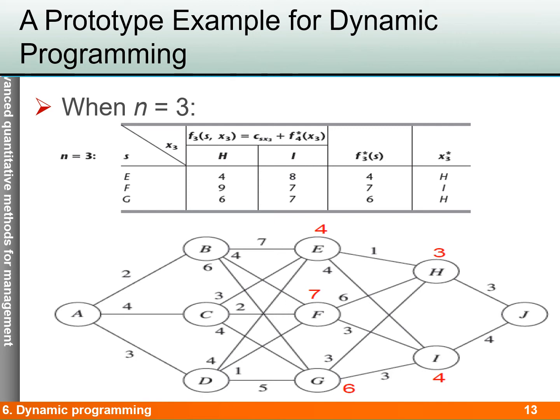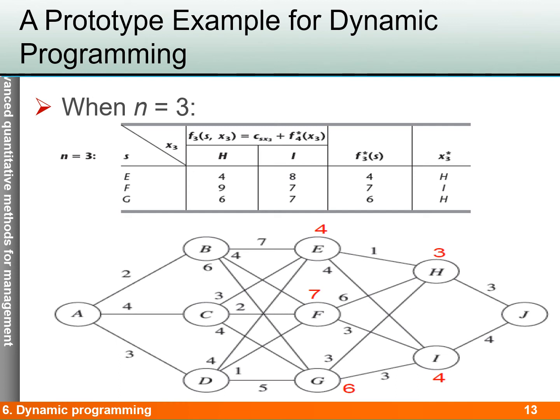Let's review this 8: E and I. The immediate cost is 4, and the minimum future cost is 4. 4 plus 4 is 8. This 9, again, F and H: the immediate cost is 6, and the minimum future cost that we obtained in the previous step was 3. So 3 plus 6 is 9. And the other elements can be calculated like this.